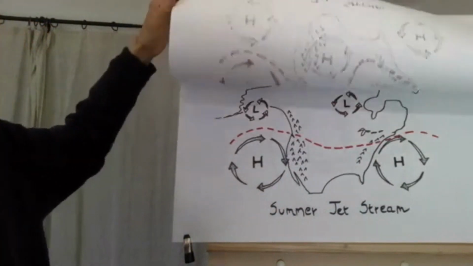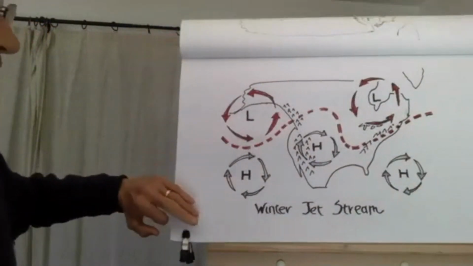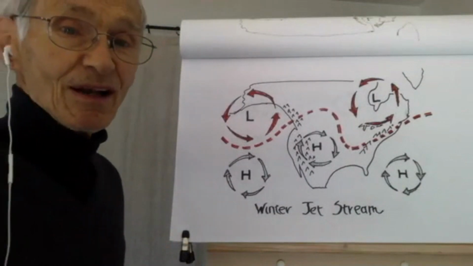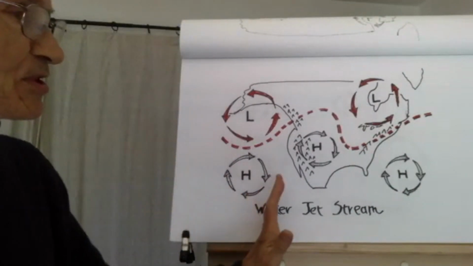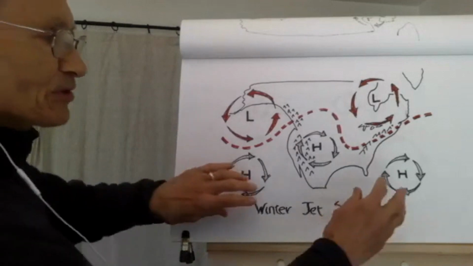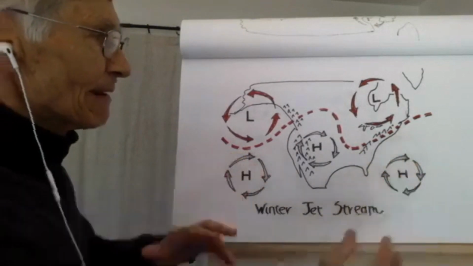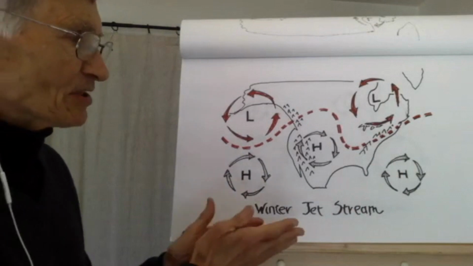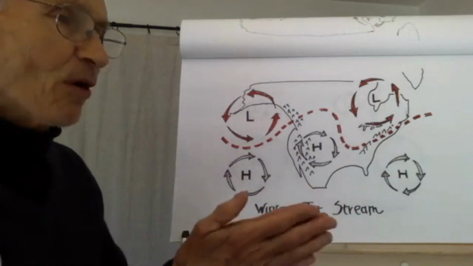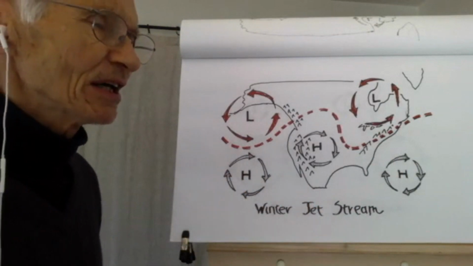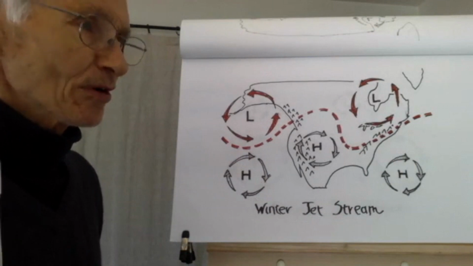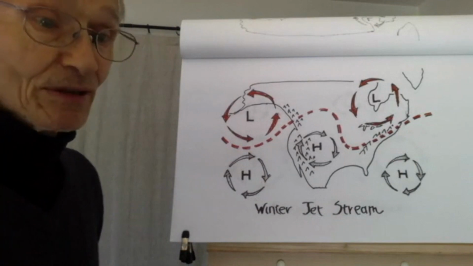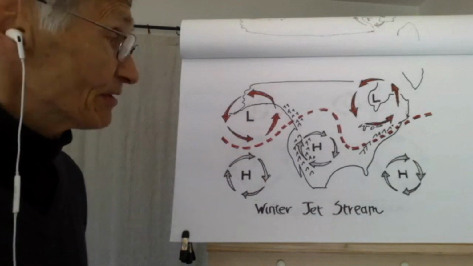But now we'll look at the jet stream in the winter. So this is the pattern. You still have the two highs here, but in the winter, there is less warmth coming off of the equator moving north because of the way the sun is hitting the earth.